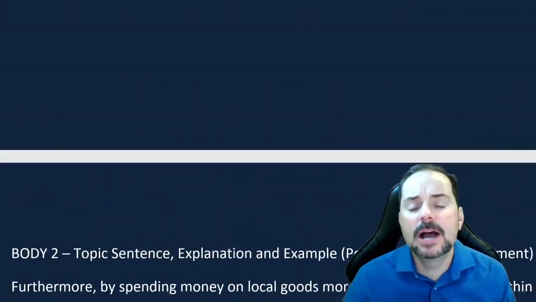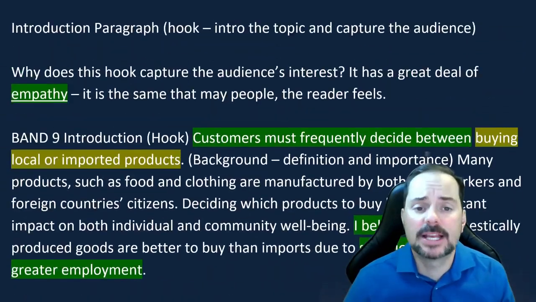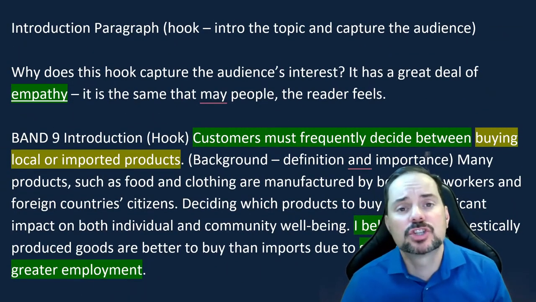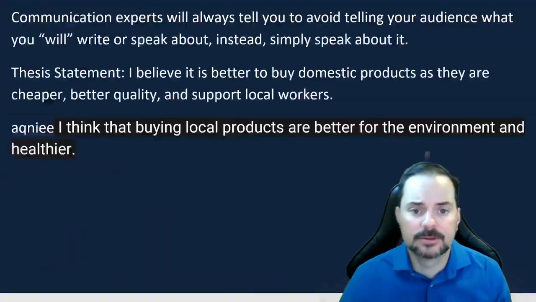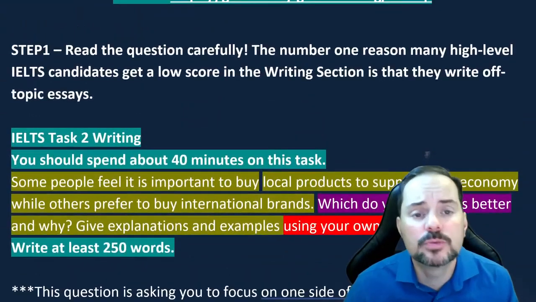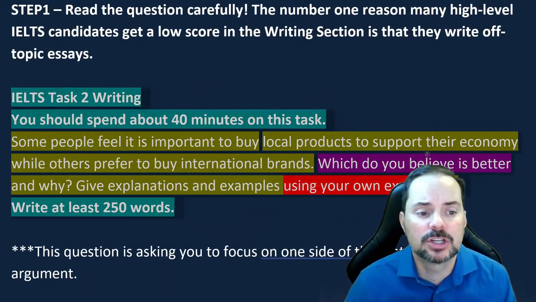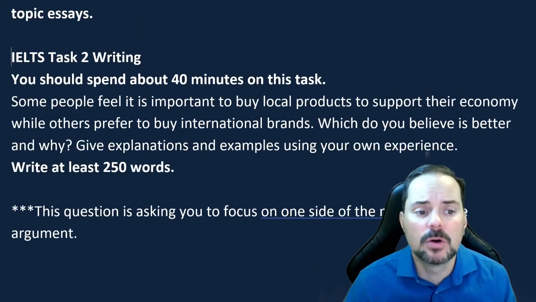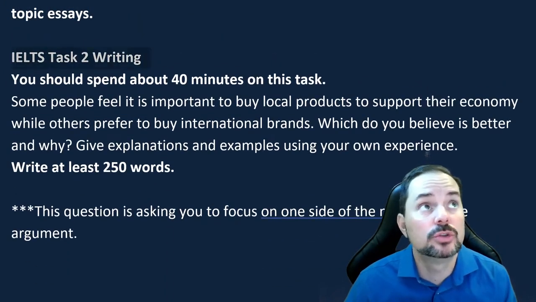All right, now let's reread the whole essay and make sure that we have a clear essay that answers this question directly. Okay. So here's the original question. You should always read the original question before you review your essay. So IELTS writing task 2.